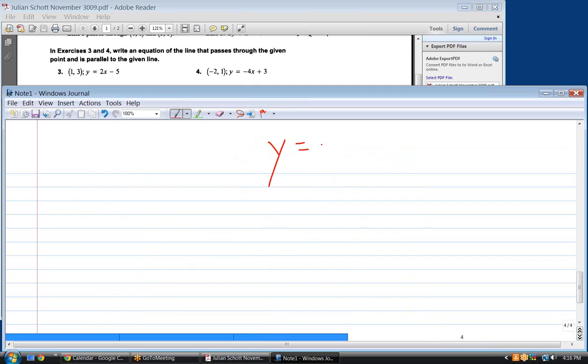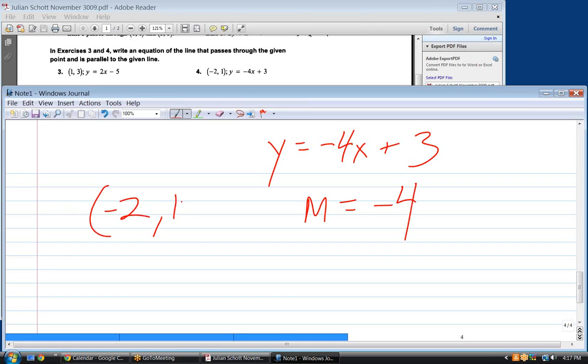Here, they say that our equation is parallel to this line. What does that make its slope? 2. Wait, no, -4. And it goes through this point. We're looking for an equation that looks like this.